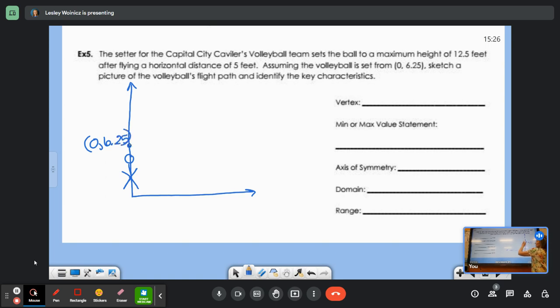Okay, it's going up to a maximum height and then coming back down. What is the maximum height? 12.5. Okay, 12.5. How far does the ball have to travel horizontally until it gets to that height?